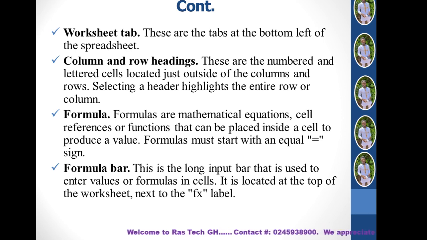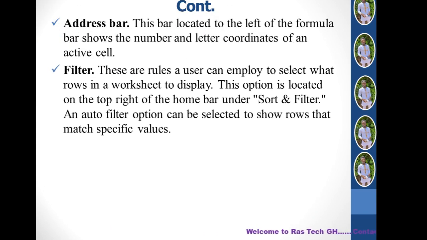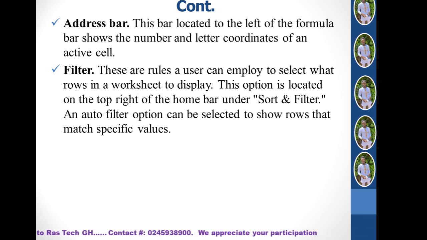It is located at the top of the worksheet next to the function label, the FX label. Now we also have the address bar. This bar, located to the left of the formula bar, shows the number and letter coordinates of an active cell.